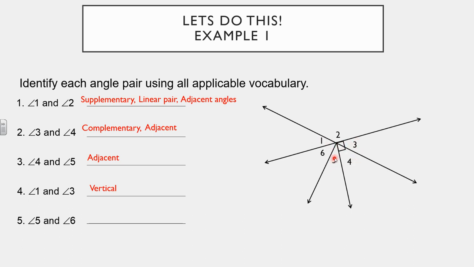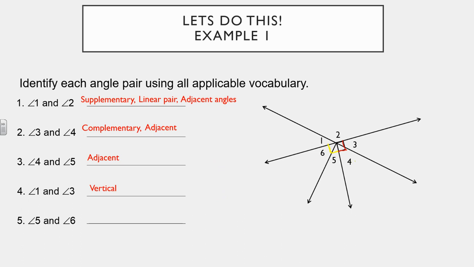And 5 and 6: if I know that this is 90 degrees, I also know that this is also 90 degrees. So this guy is also 90 degrees. Well, 90 plus 90 does make a straight angle.